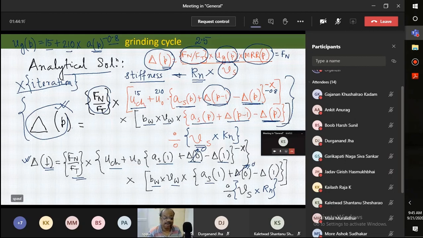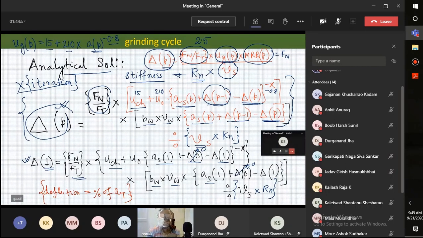Deflection is a fixed percentage of AT. AT is the effective downfeed or total downfeed. AT, if you remember, was AS plus delta from the previous pass. This has been used earlier as well.